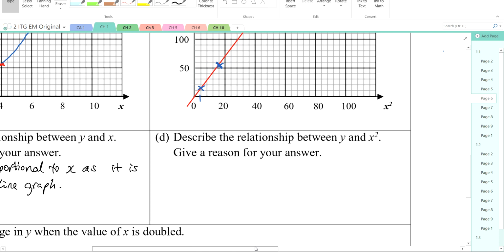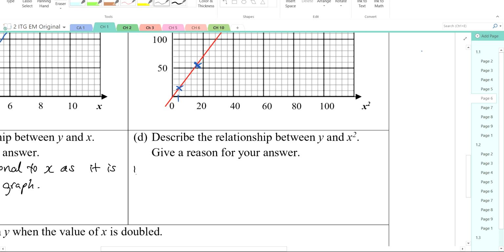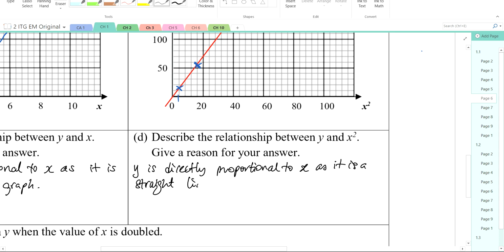Then for the other one, y is directly proportional to x as it is a straight line graph passing through the origin.